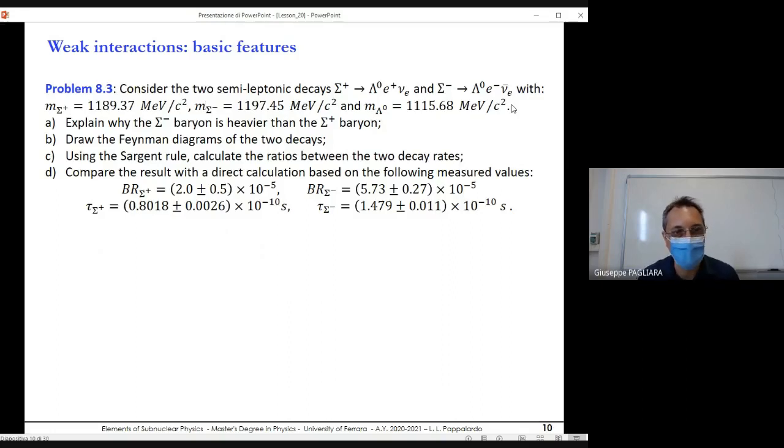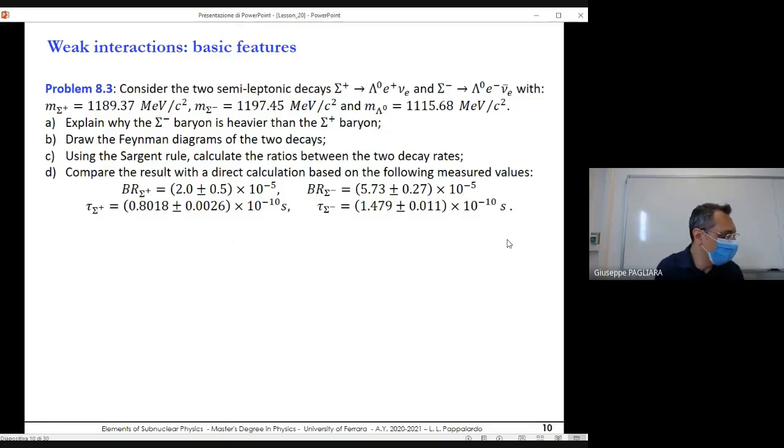So first of all, explain why the sigma minus is heavier than the sigma plus baryon. Then draw the Feynman diagram for the two decays. Then using the Sargent rule that we discussed yesterday, calculate the ratio between the two decay rates. And then compare the results of point C with a direct calculation based on the information that you are provided in the text.